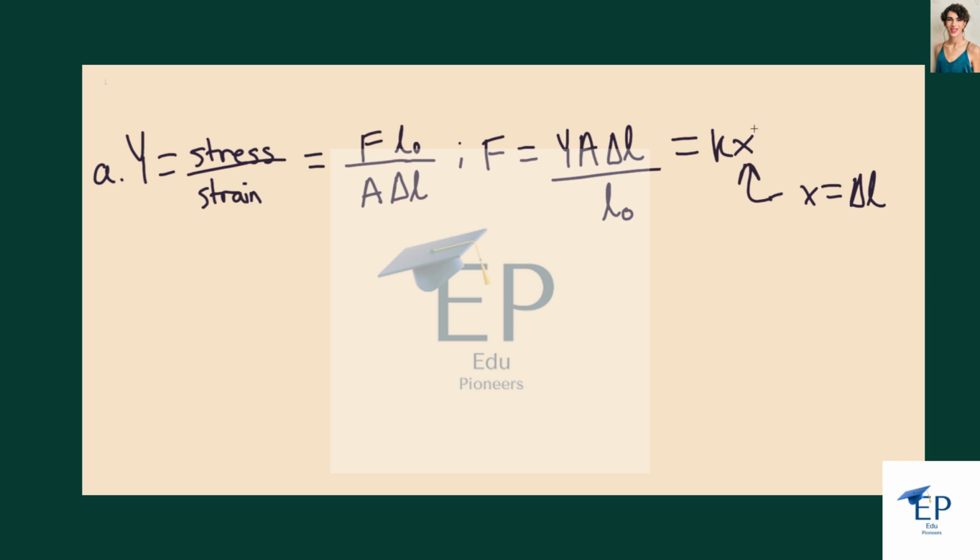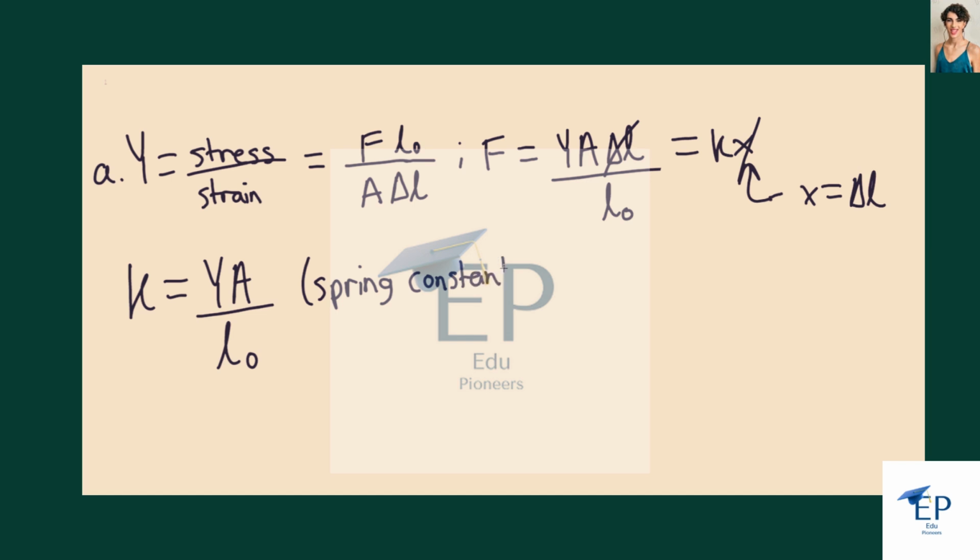So here, essentially, x and the change in length cancel out, and we have that k, the spring constant, is going to be equal to YA over the original length. So this would be your answer for part A.